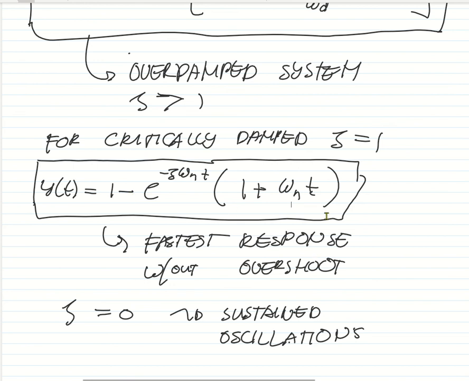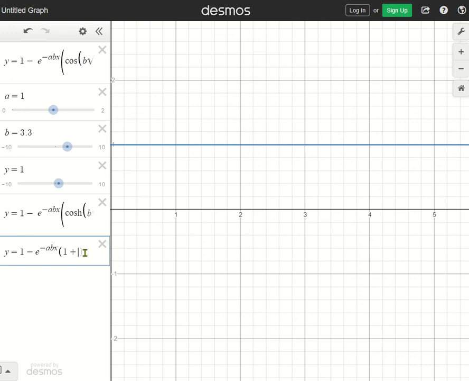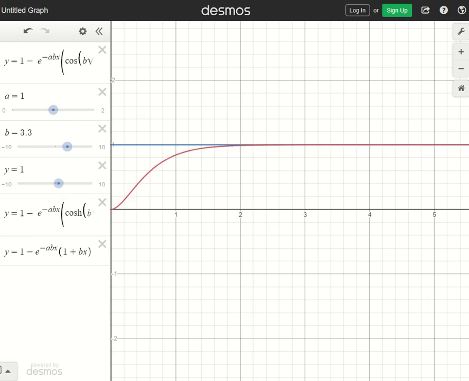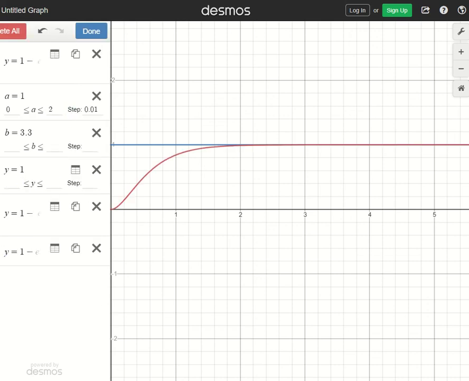So let's correct that. Let's put it here. This should be omega n. So omega n is b. You multiply this with t or x. Then let's change the color to orange.